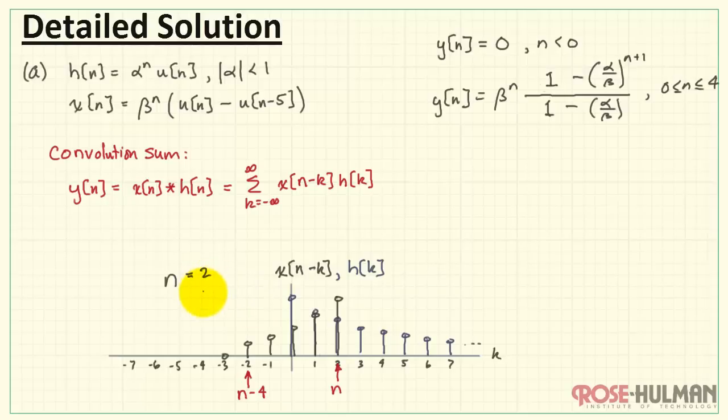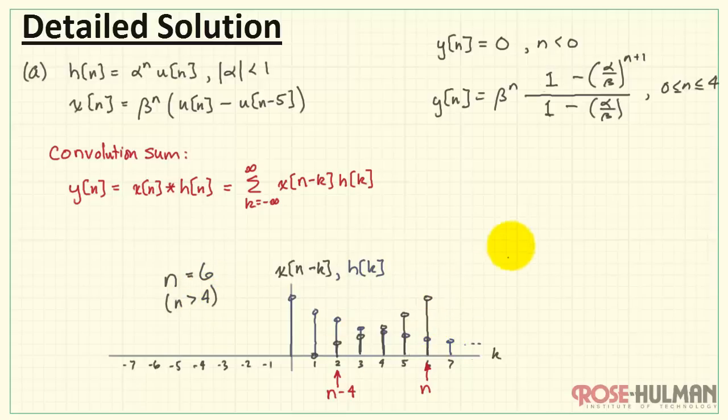Now, as we let n increase beyond the value 4, and I'm picturing this specifically for the case at n equals 6, but generally we can think of this plot as representing n greater than 4. Now we have complete overlap, and that will change slightly the way we handle the start and stop points of our summation. K always starts at n minus 4 now, but it still ends up at n.